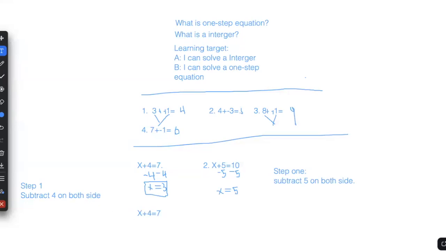Now we're going to get into our answers for number 4. So we're going to subtract 4. So in minus 4, you're going to get x equal to 3.